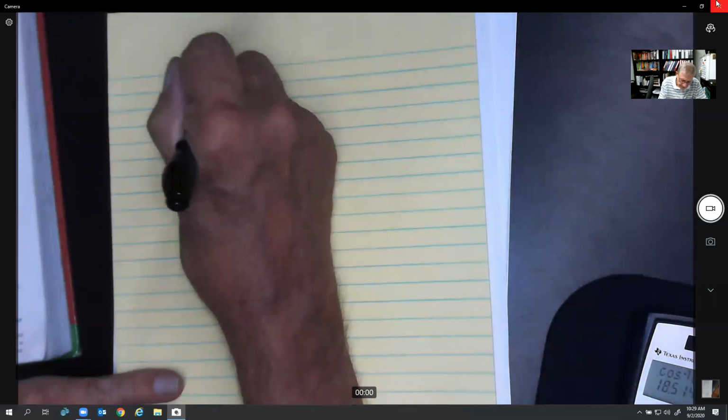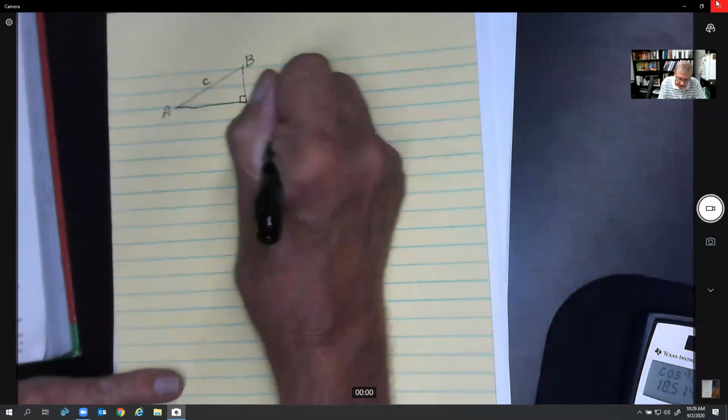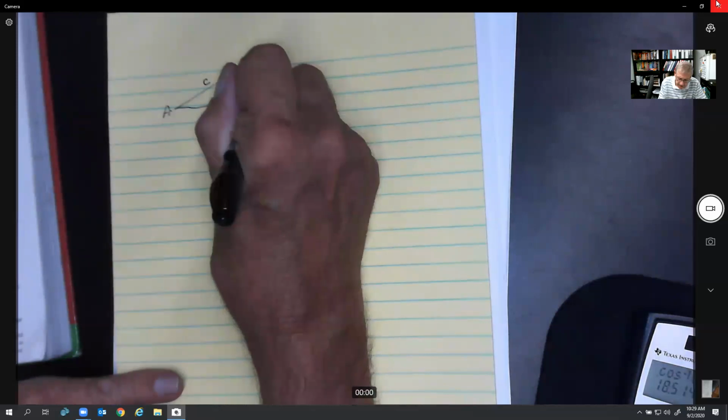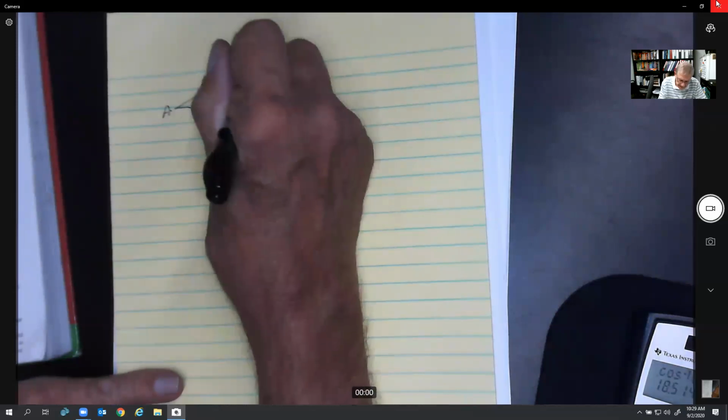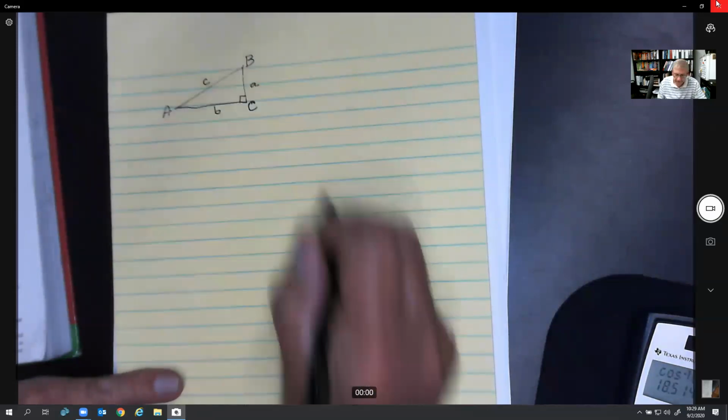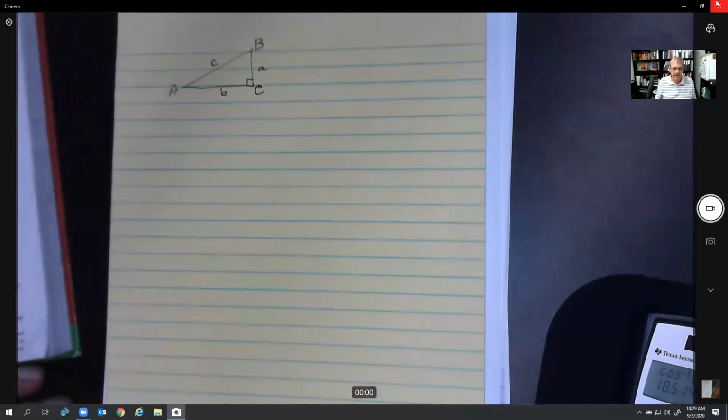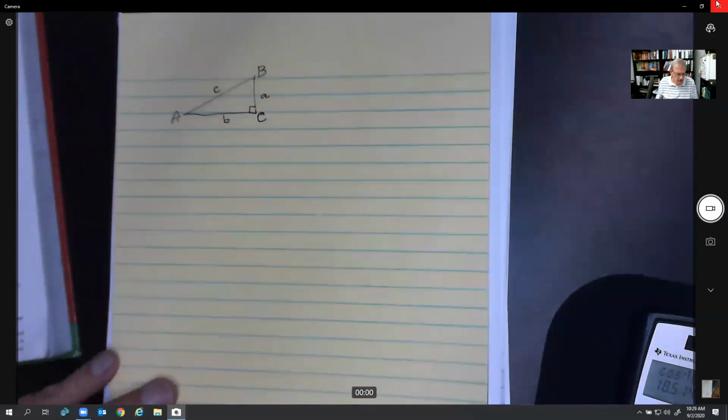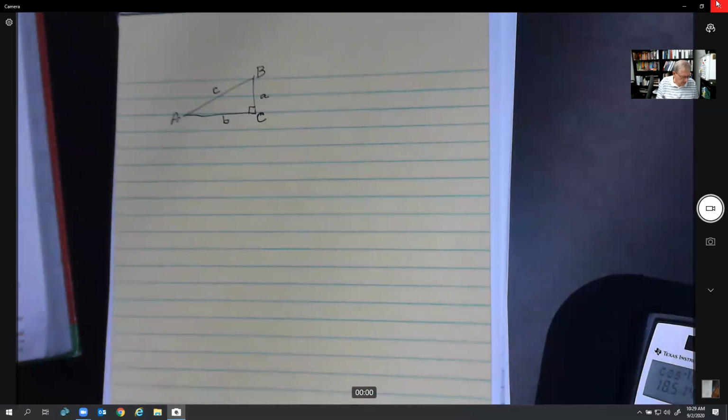The sides opposite them are little c. Side opposite A is little a. Side opposite B is little b. Lowercase b. So that's how I draw my triangle. And normally we draw it this way.